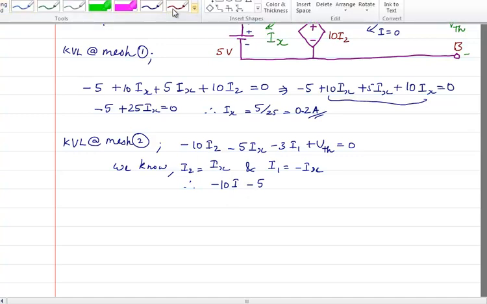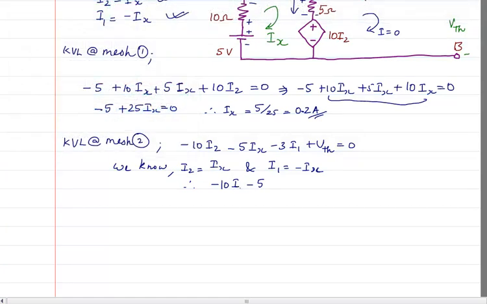So it is going to be minus 10 Ix minus 5 Ix minus of 3 times minus Ix. It's multiplication, so that minus and minus will become plus. That we will write later. So it is going to be plus VTH is equal to 0. Therefore, now see, minus 10 Ix minus 5 Ix plus 3 Ix. So minus 10 minus 5 is minus 15, plus 3 is minus 12.